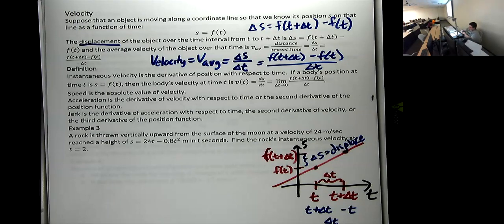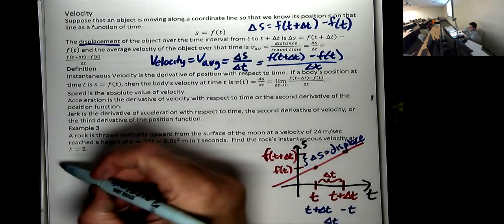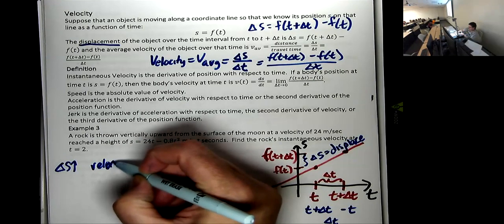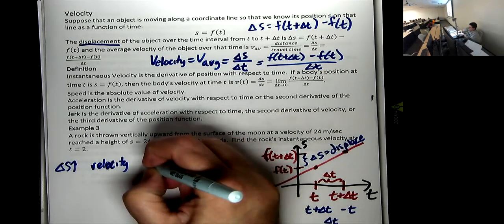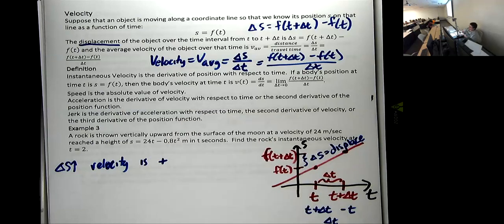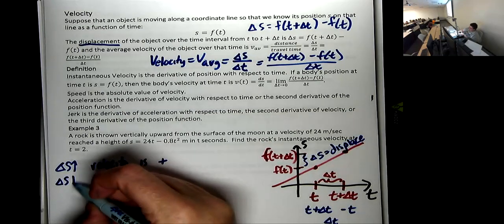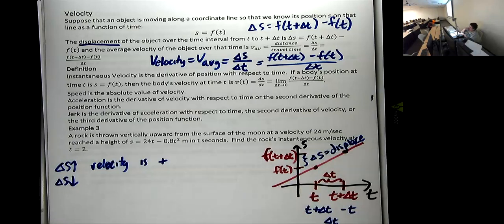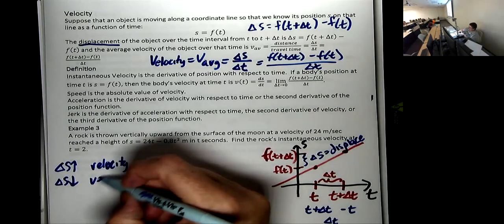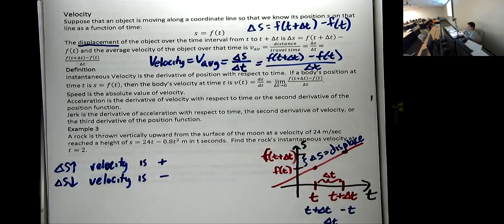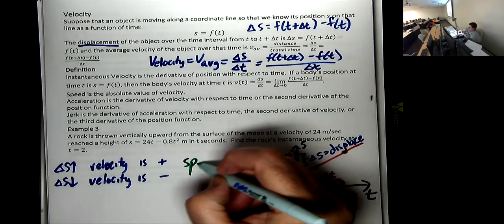Okay, so if delta s is going upwards, velocity is positive. And if delta s is downward, like if the line is going downward, velocity is going to show as negative. Speed is always positive.